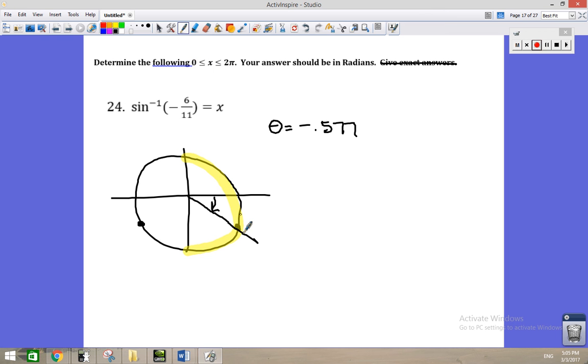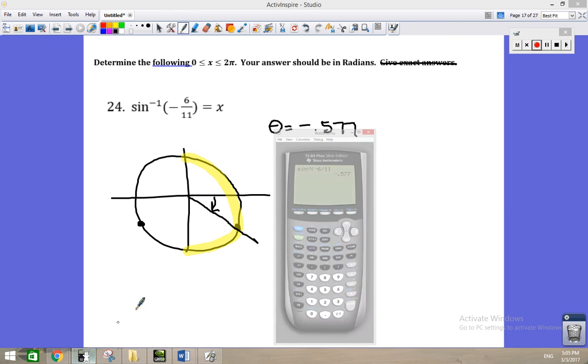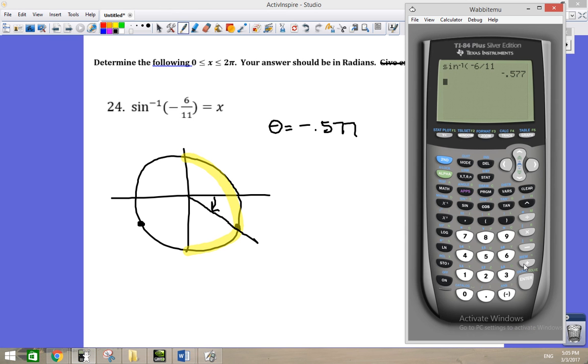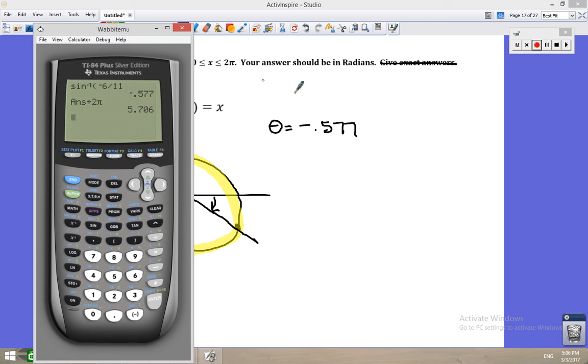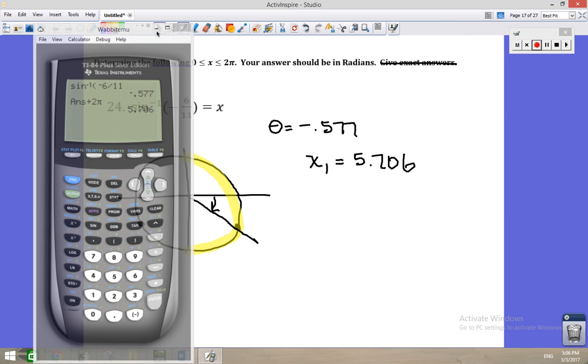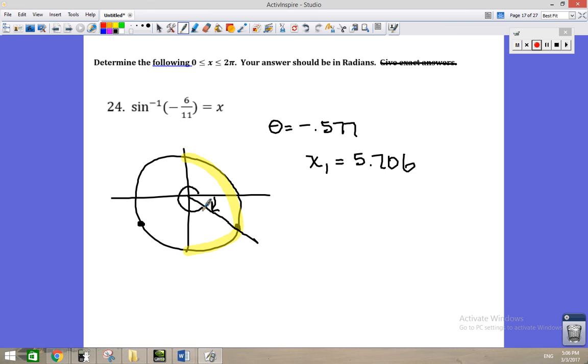So if I find a coterminal angle to this, if I go back to my calculator and just add 2 pi, 5.706. Now, that's this angle, which I've skipped over that point.